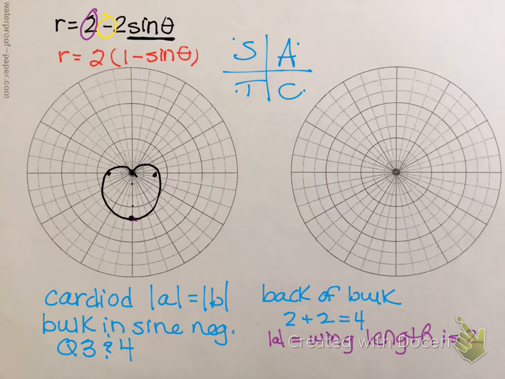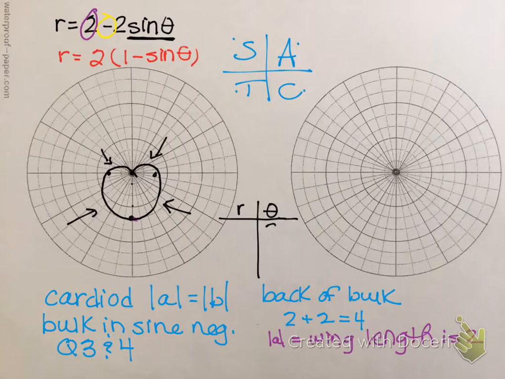Now, do you see how this one I've drawn is a little bit higher and this one's a little bit lower? If I want to make the shape of my wings or the shape of my bulk a little more accurate, I could pick values for theta and figure out what those values would be.